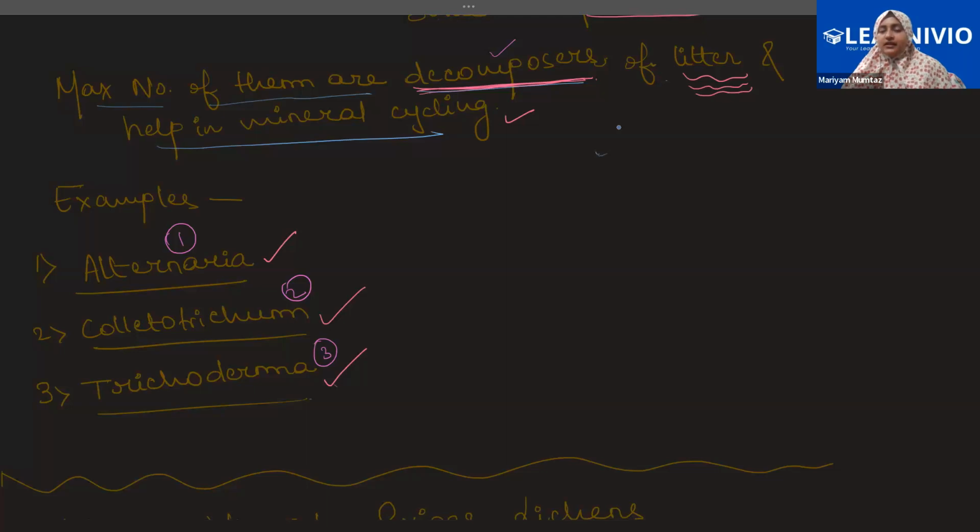Okay. Now see, one more thing. No matter where and which class we are discussing, you must remember the examples and to which class they belong. Many times in questions, they can ask you with examples only. For example, they'll say that the characteristics of Alternaria are, and give four characteristics.